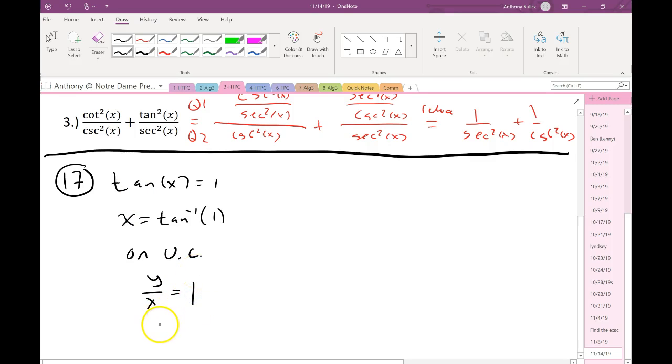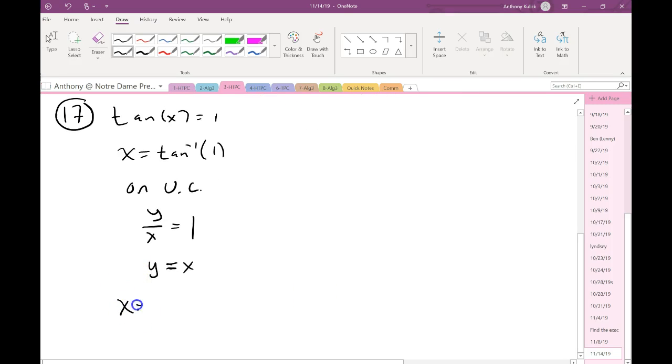So I need a place where y over x is equal to 1, or really a place where the x and y have the same coordinate. So if I go to my unit circle and look, that happens at pi over 4 and at 5 pi over 4. So that's my answer for part A.